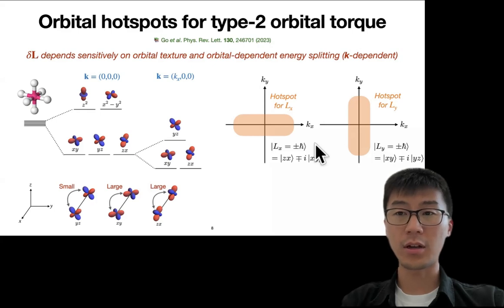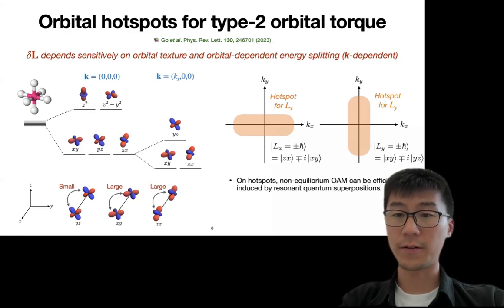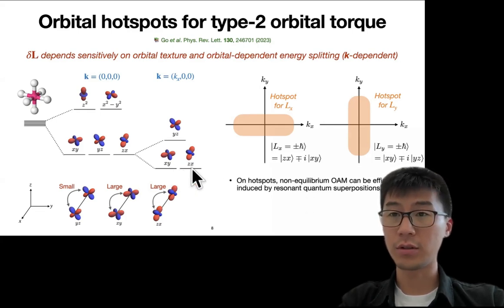And it has really important implications. The first thing is that on hotspots, non-equilibrium orbital angular momentum through coherent superposition can become really efficient because almost resonant hybridization between the two is possible because of degeneracy.